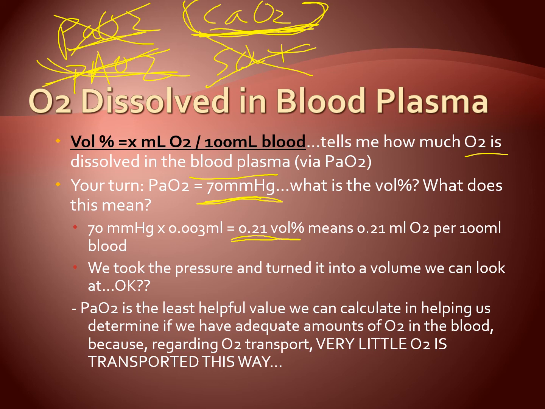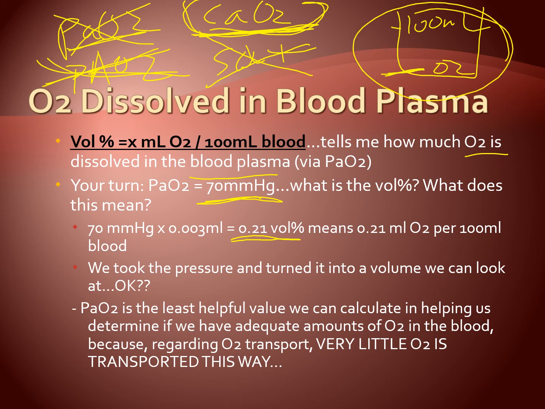That means out of a 100 ml beaker sample of blood, so we have a 100 milliliter sample of a patient's blood, less than a milliliter, 0.2, down here at the very bottom, would be oxygen. So that oxygen content compared to that whole sample is very, very low.